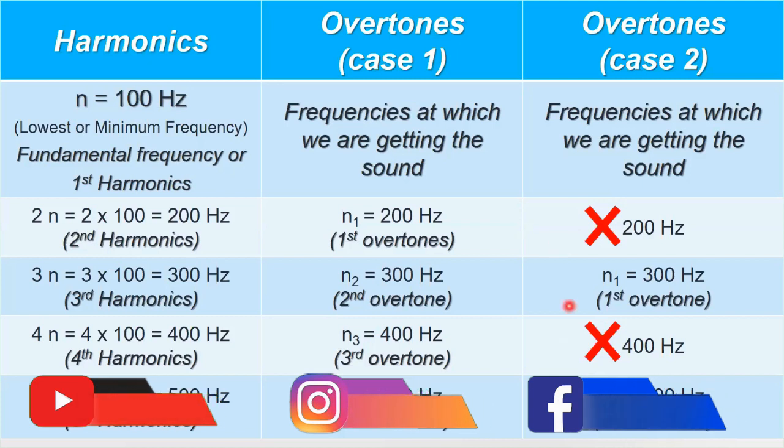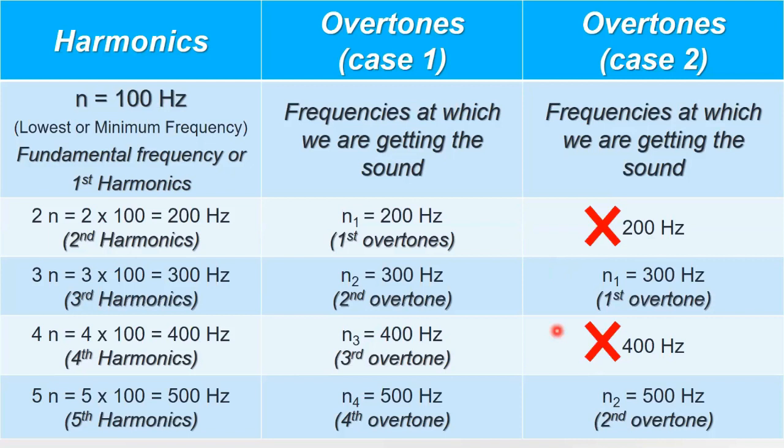So we will not call them overtones. So this 500 hertz is the frequency of the second overtone, and this 500 can be written as 5 into n. So it is the frequency of the fifth harmonic. This 500 hertz is called the frequency of the fifth harmonic and the frequency of the second overtone.